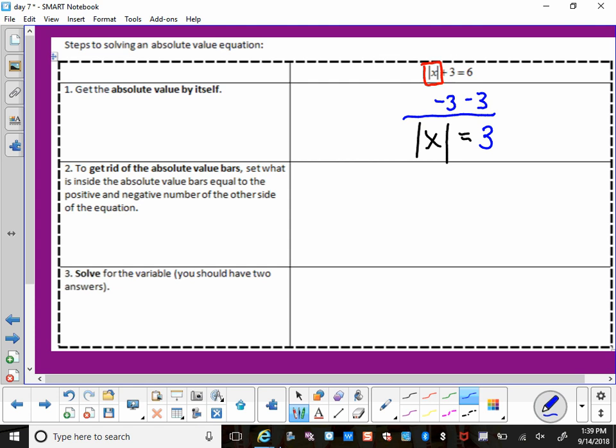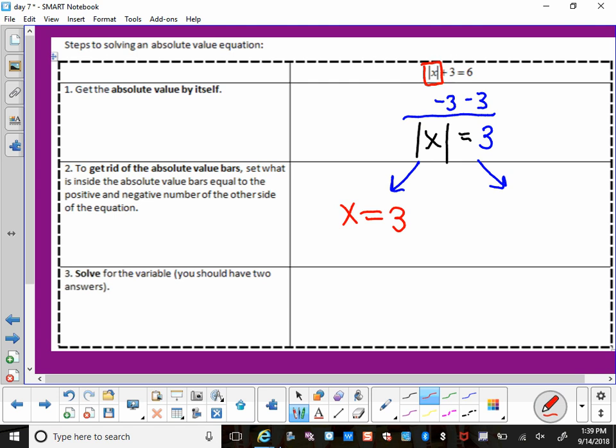All right, step 2 says to get rid of the absolute value bars, set what is inside the absolute value bars equal to the positive and negative number of the other side of the equation. So I draw 2 arrows. I'm going to drop the bars, so I just have x equals 3. I keep the first one the same. All I did here was just drop the bars.